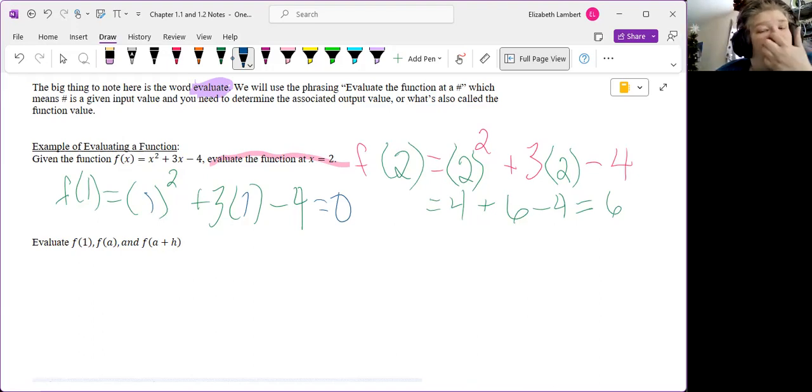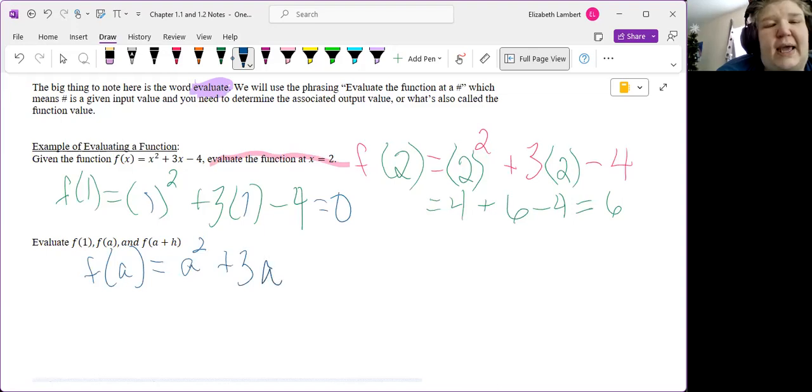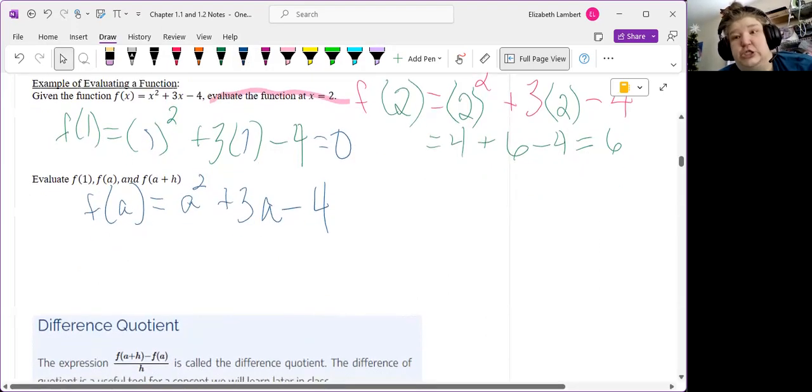I don't even know what they are in relation to banana, but that is what we would do. So when we do f of a, we are going to have a squared plus 3a's minus 4. And we're actually going to do the difference quotient in a minute, so that's why I asked for f of a and the f of a plus h.